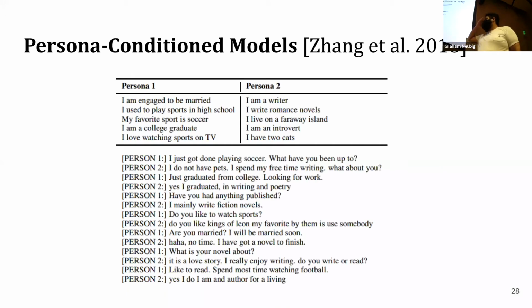And this is an example of a persona conditioned conversation. Person 2 here is the dialogue system. And if you look at it, there are attributes of the persona communicated throughout the dialogue, but it's still fairly, it's not that great.